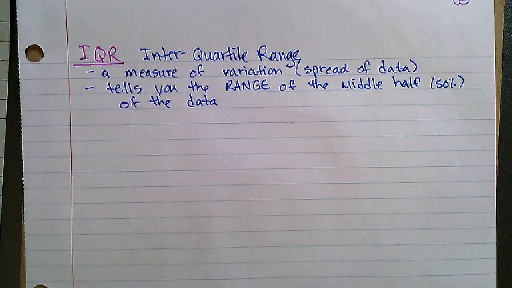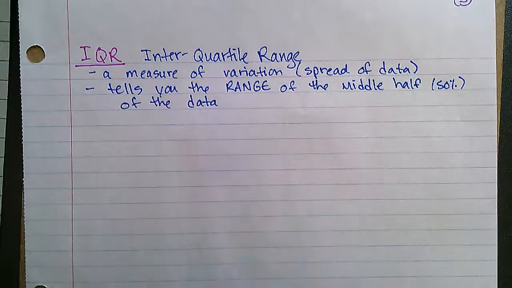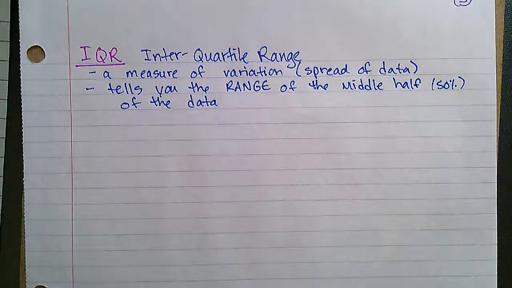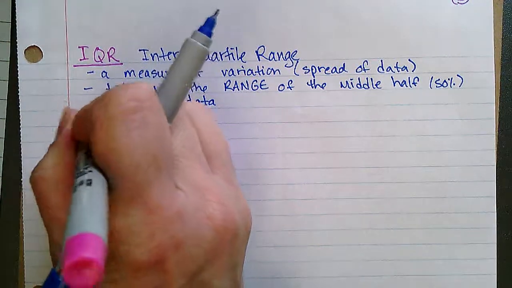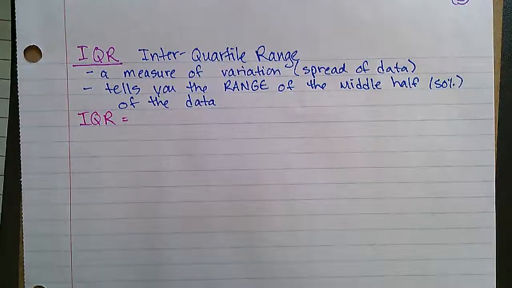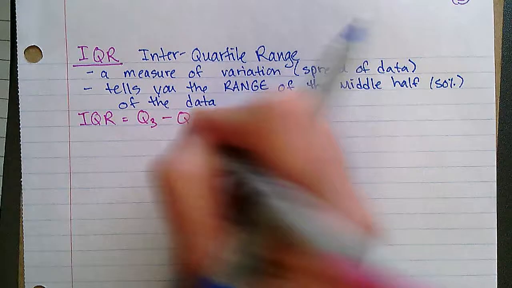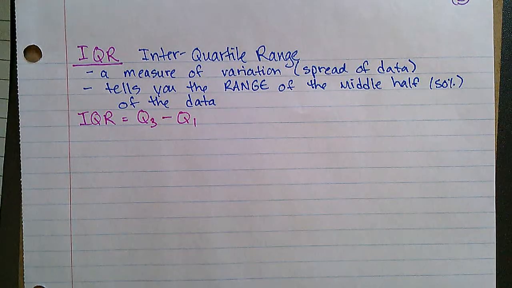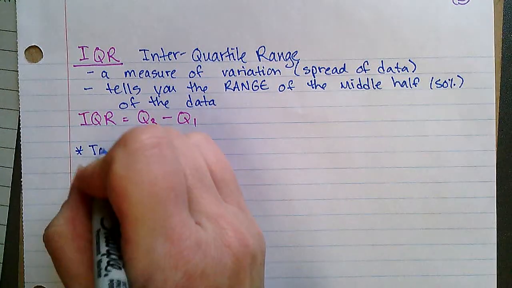So interquartile range is the range of the middle half, 50% of the data. To find IQR, you're going to take Q3 and subtract Q1. And the reason that we're finding this is to be able to identify outliers.